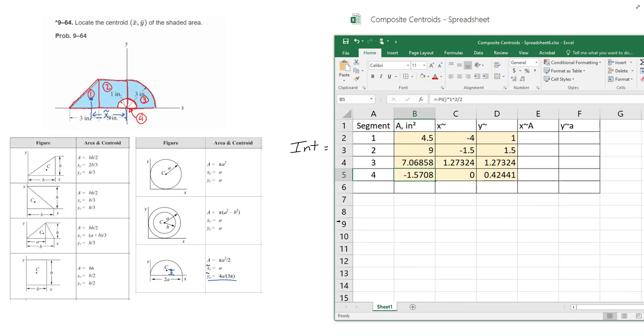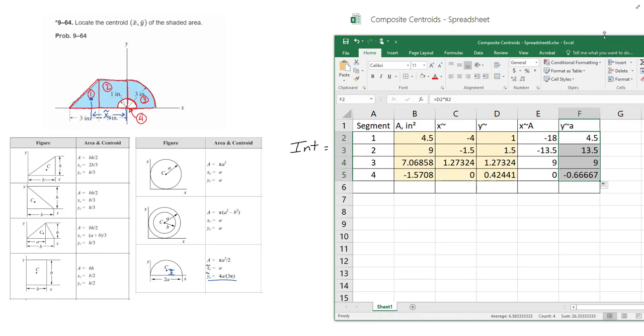All right. So segment 1 was our triangle. We had an area, and we had x tilde and y tilde values. So over here, all we have to do is just type in x tilde times A, and we can drag that equation down. We're also going to set up the equation for y tilde times the area of each segment and drag that equation down.